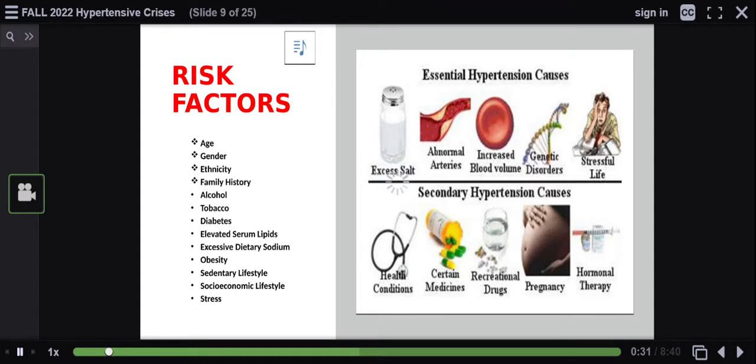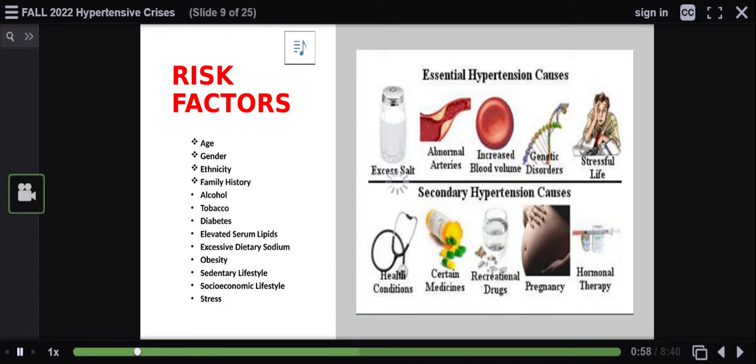So let's begin with your new book. We have age as 75 years and older. For gender, it affects 80% of men and 85.6% of women, so more females than males. For ethnicity, African Americans, as I mentioned earlier, are at high risk.